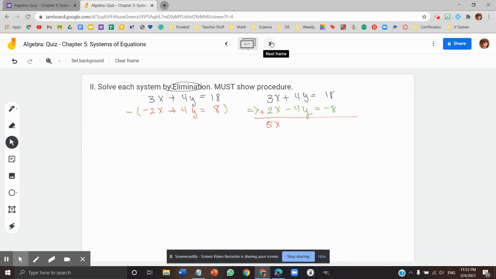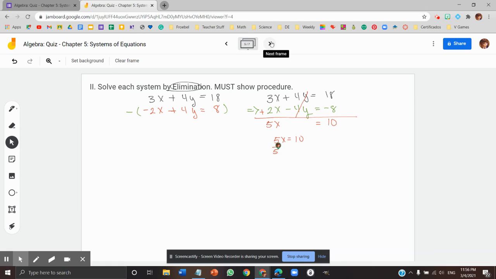Now I have 4y minus 4y, which is 0, so that's going to get canceled. I have my equal sign staying there. And I have 18 plus -8, which is going to be 10. I'm going to be left with 5x equals 10 that I can actually solve.